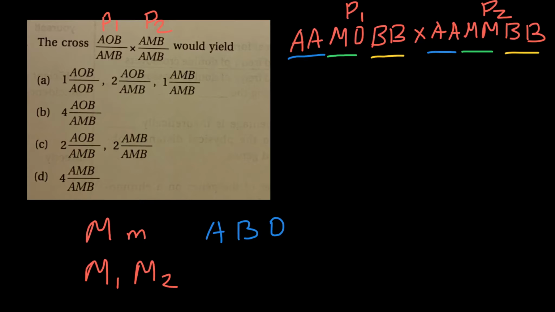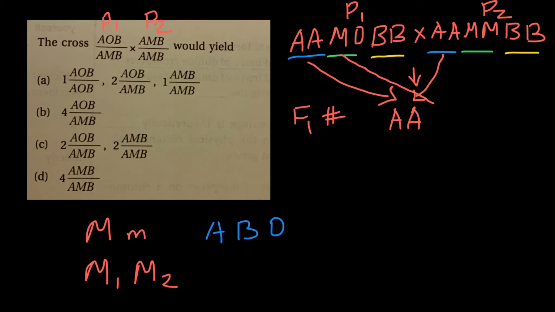So what probable genotypes can such a cross produce? In the next generation, F1, variant number 1 would be, for example, that parent 1 contributes the dominant allele A, and parent 2 also has only dominant allele A. So we know that progeny have to be homozygous for the gene A. As for the second gene M, parent 1 can contribute, for example, allele M, and parent 2 can only contribute dominant allele M, no other variants.